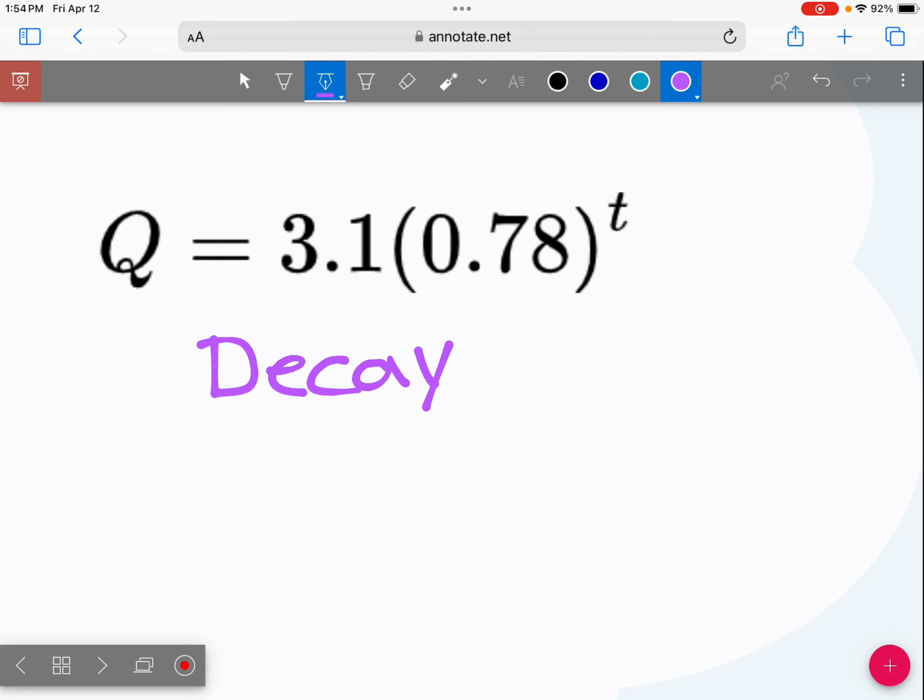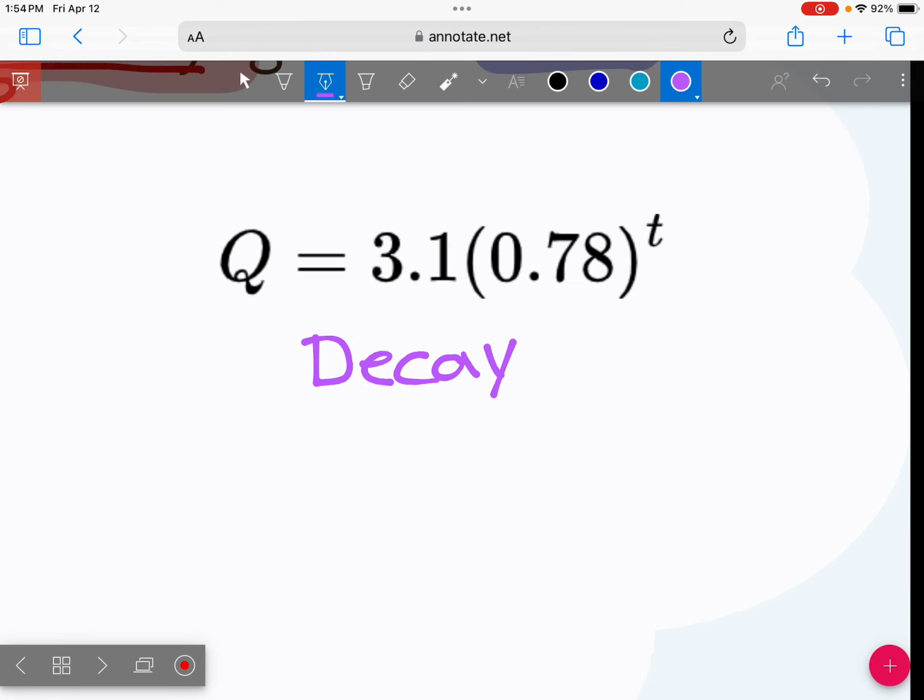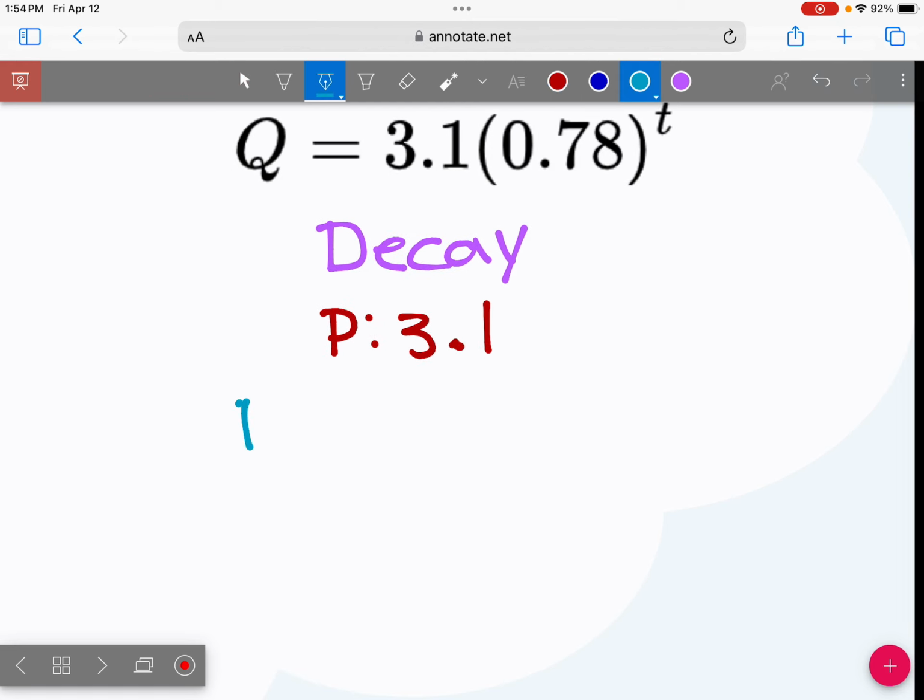Okay. What is the initial amount on this one? Our starting amount? 3.1, or our principal. What is our growth factor? 0.78.